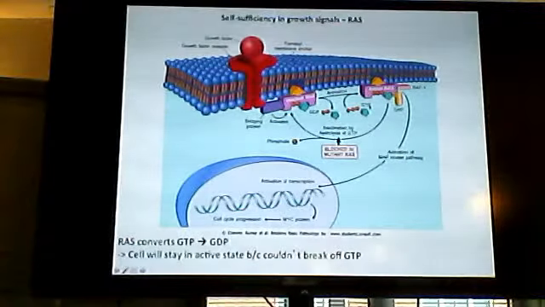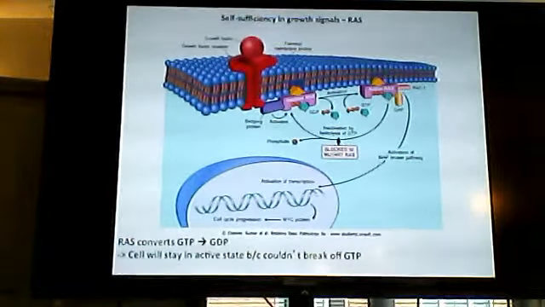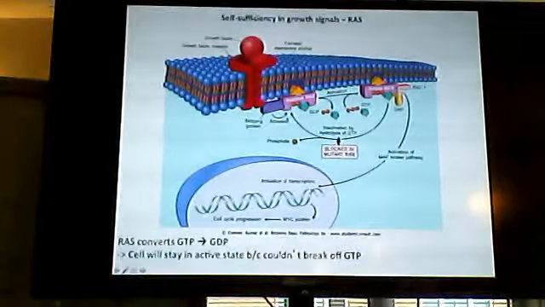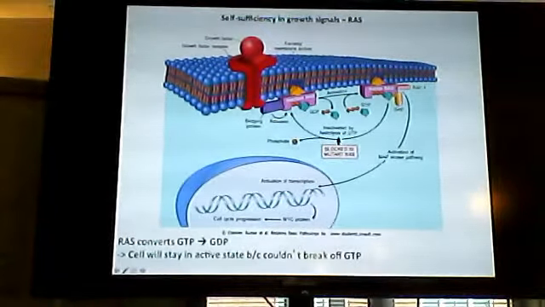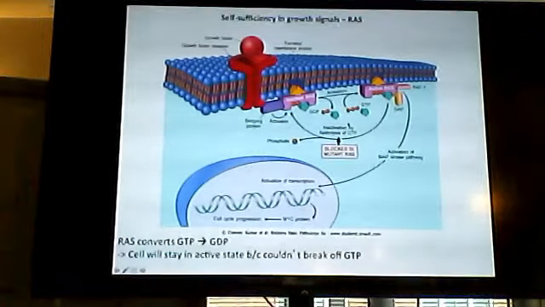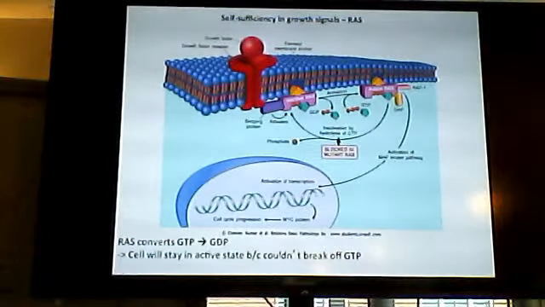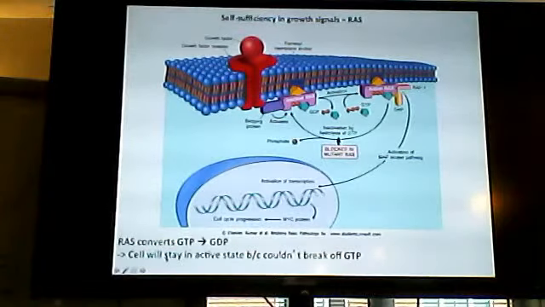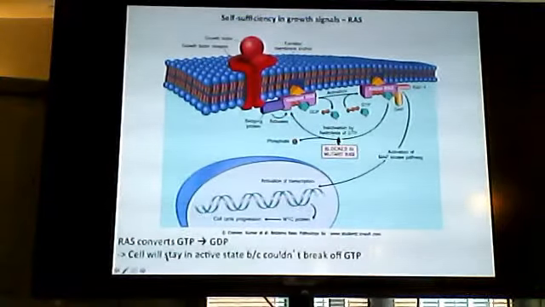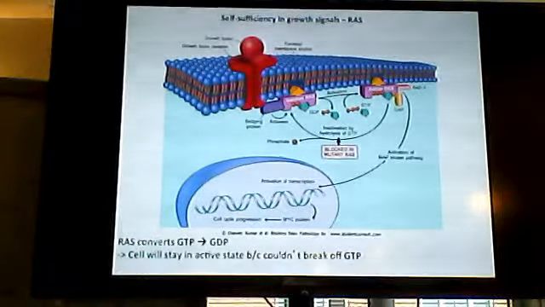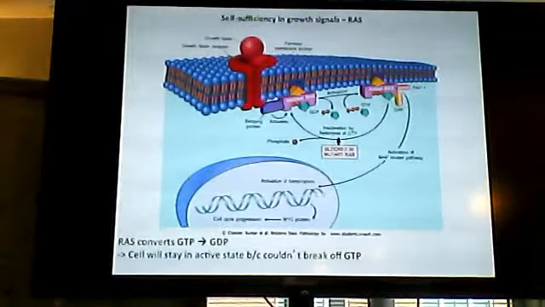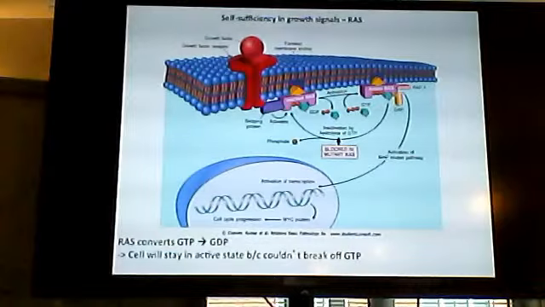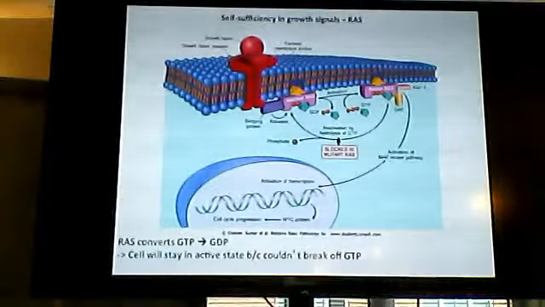When you break apart the GTP molecule, you can take it off from its substrate, so then you can stop further signal transduction of those growth signals. So if you have a mutation in RAS and it becomes oncogenic, then the cell will always remain active, so it's constantly growing, so it's self-sufficient in growth signals.